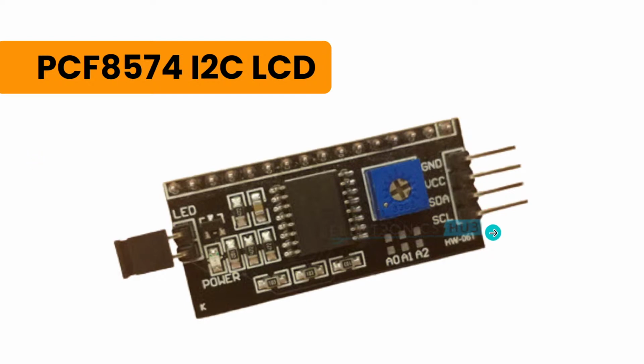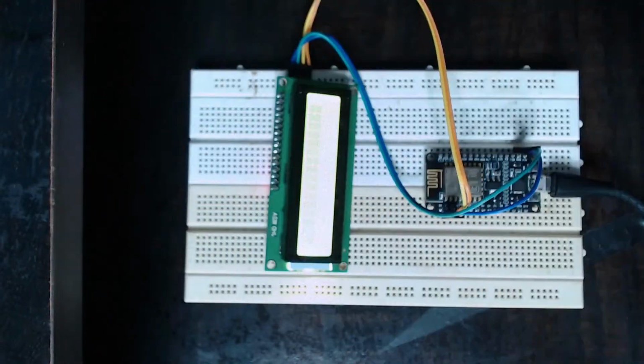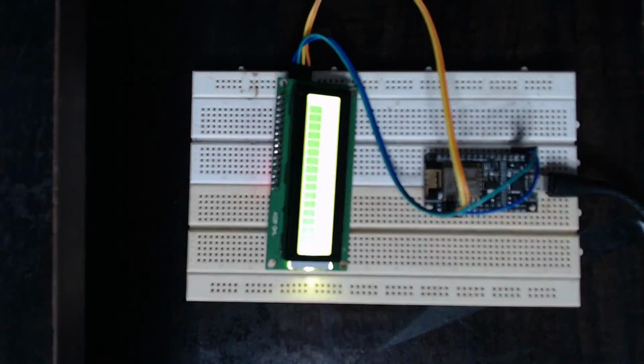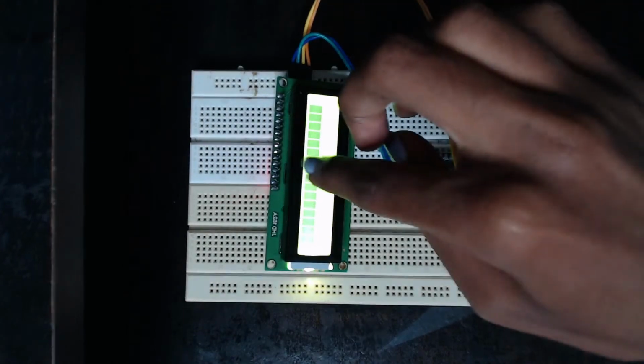So just plug the I2C LCD module in at the back of the 16 x 2 LCD and make connections between the microcontroller and the I2C LCD module. That's it. For example, I will show you the connection here. Yeah, so this is easy. Here is our microcontroller. I only need 4 wires. This is our 16 x 2 LCD.